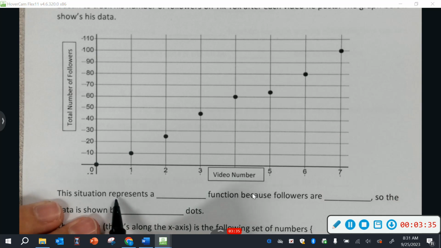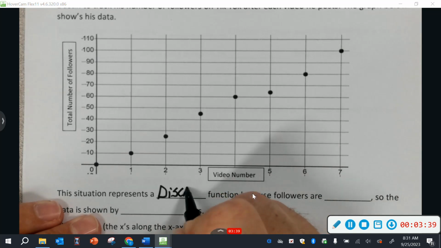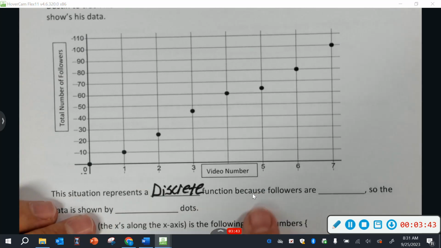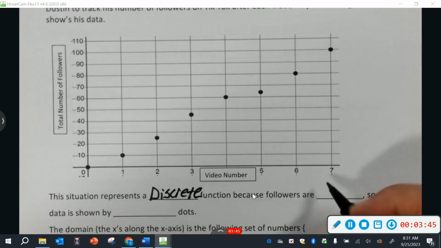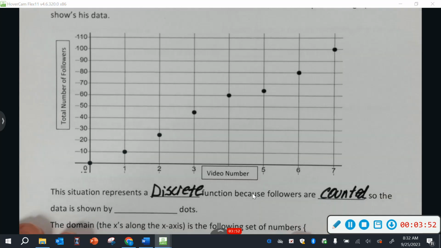So this situation represents a discrete function, okay, because followers are counted. So the data is shown by disconnected dots.